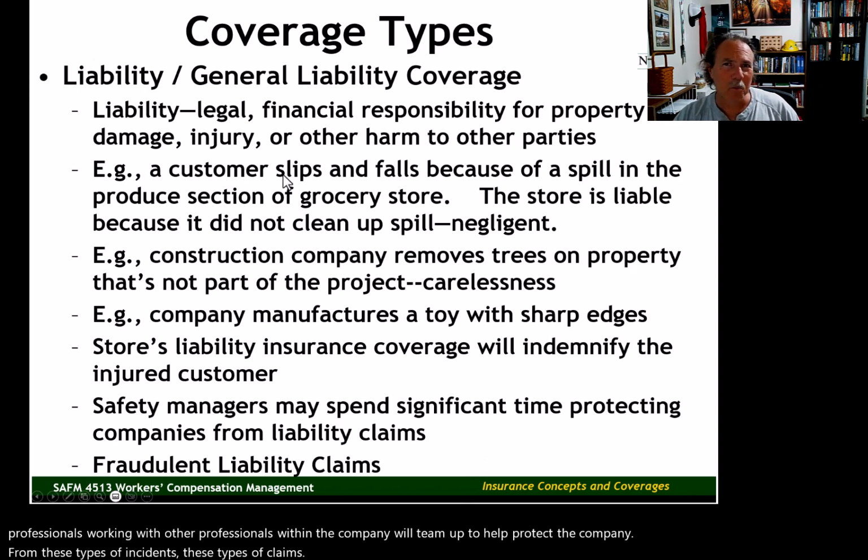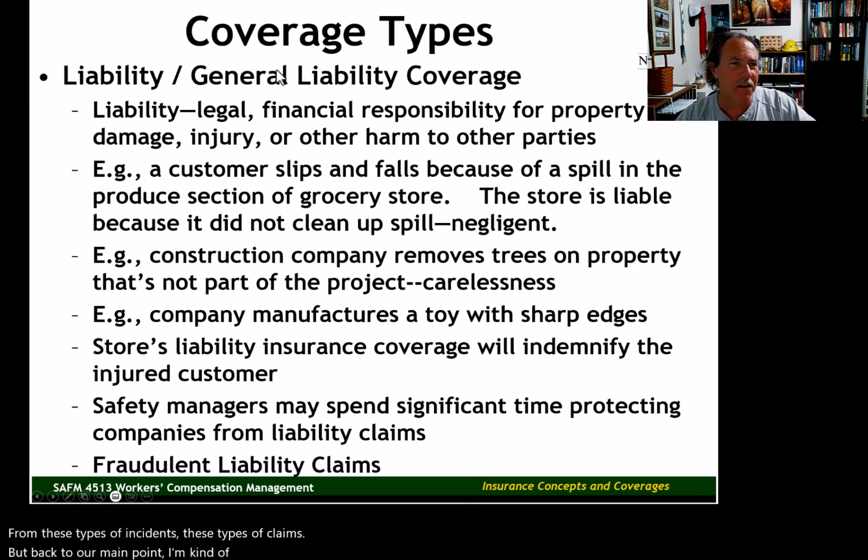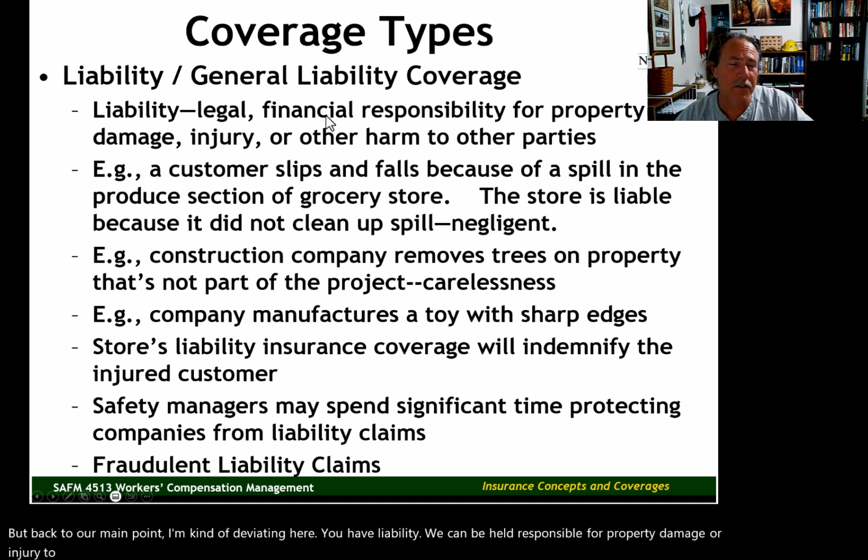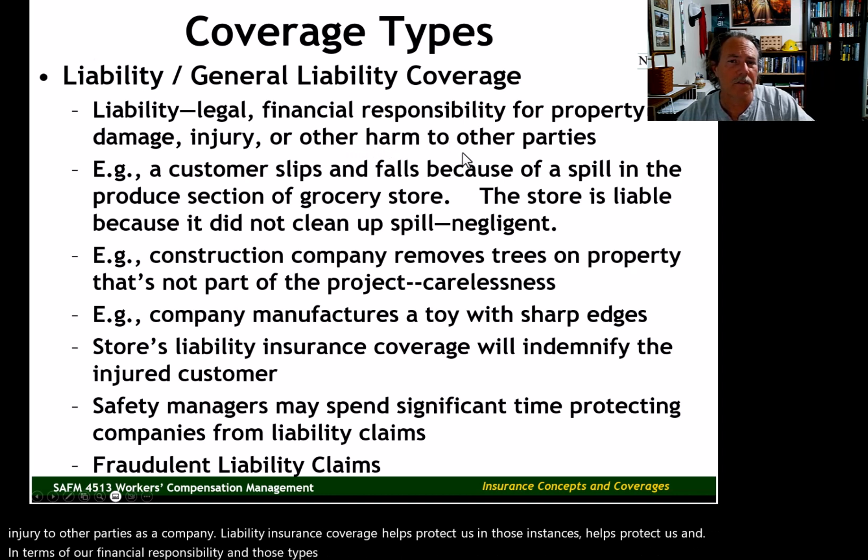But back to our main point, I'm kind of deviating here. Again, liability, we can be held responsible for property damage or injury to other parties as a company. Liability insurance coverage helps protect us in terms of our financial responsibility in those types of instances, those types of cases.